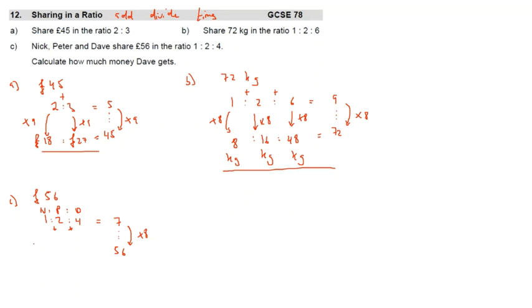And now you don't need to do all this, but I will. 1 times 8 is £8. 2 times 8 is 16. And 4 times 8 is 32. See, the question was only asking you for Dave's share. Well, Dave is here. So the part you want, Dave gets 32.